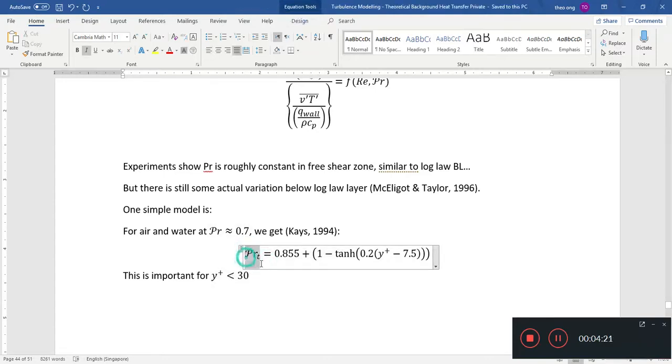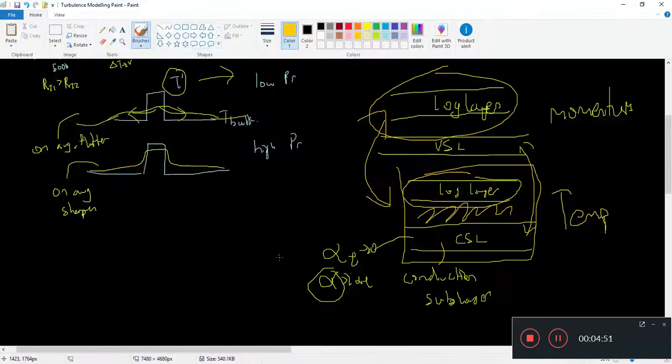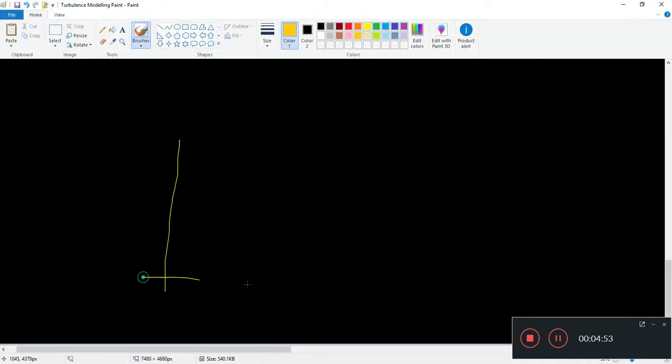Anyhow, the turbulent Prandtl number as a function of distance from the wall will be 0.855 times 1 minus the hyperbolic tangent of whatever factor this is inside here, 0.2 y plus minus 7.5. So what you would actually see in the graph is something like this, below y plus equals 30.